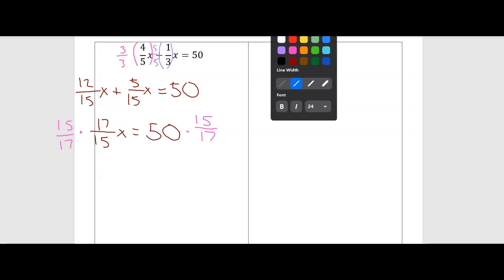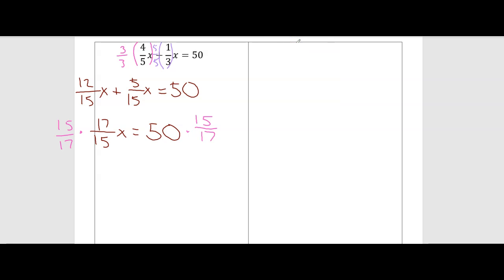The nice thing is that on the left, these fractions simplify to 1, so I'm left with x. If you have access to a calculator, you can punch it in now, or you can try to simplify on your own. This is going to give you 750/17.